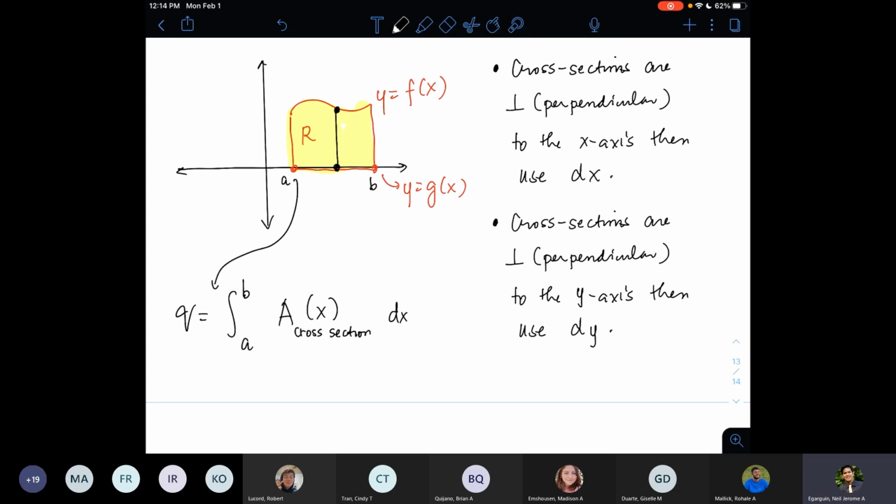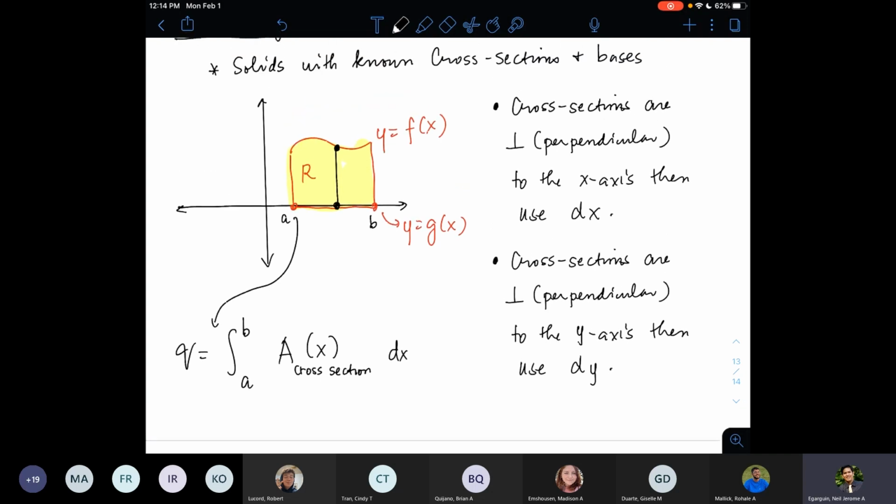I will ask for your imagination here because I'm not good at drawing three-dimensional objects. So if the cross sections are squares perpendicular to the x-axis, you will have squares sticking out of the page over here. On top of this region R, you will have infinitely many squares sticking out of your screens as your cross sections. And I hope you can imagine how the solid will look like.